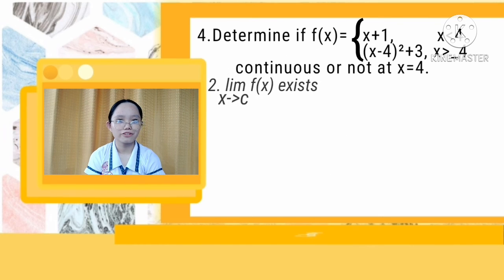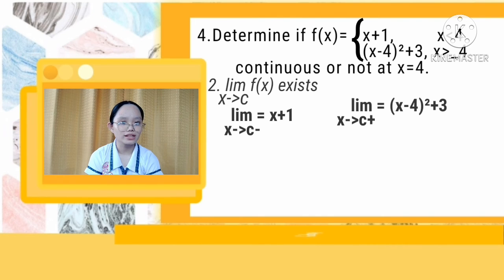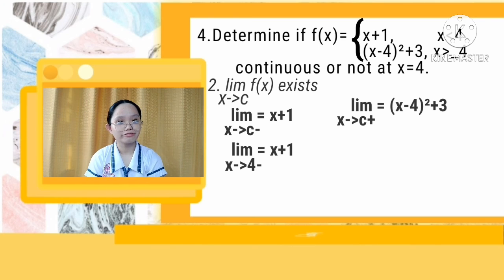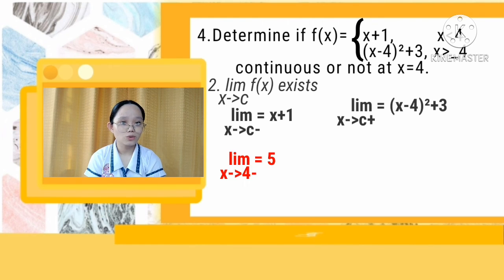Calculating the limits of a piecewise function, we should calculate separately the limit of the left side and the right side. Get x plus 1 where x is less than 4 for the left side. Then get the quantity of x minus 4 quantity squared plus 3 where x is greater than 4 for the right side. The limit of x plus 1 as x approaches 4 from the left side is 4 plus 1, which is equal to 5.